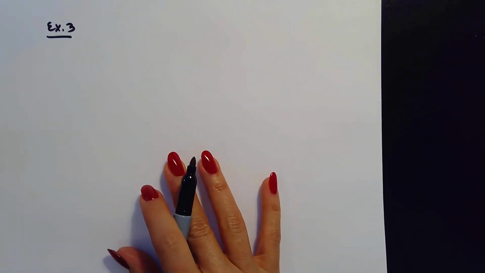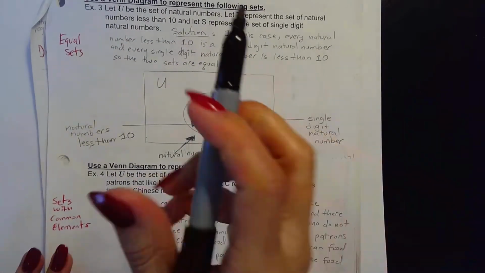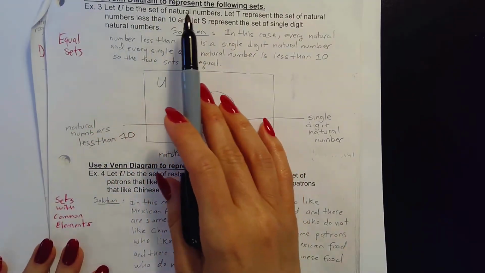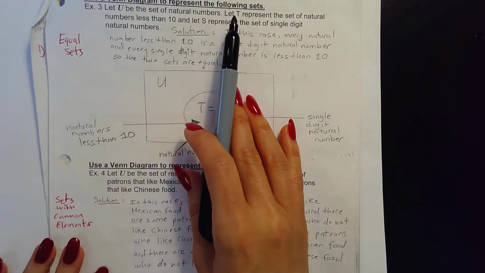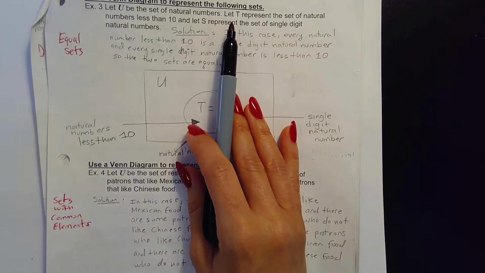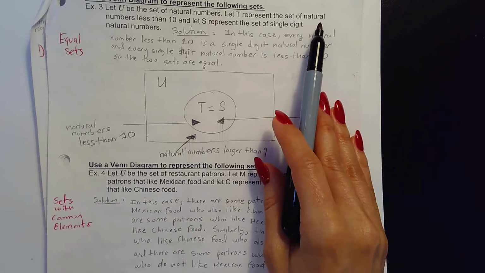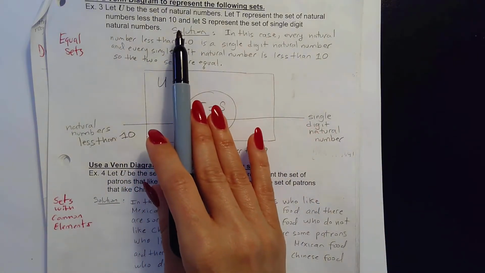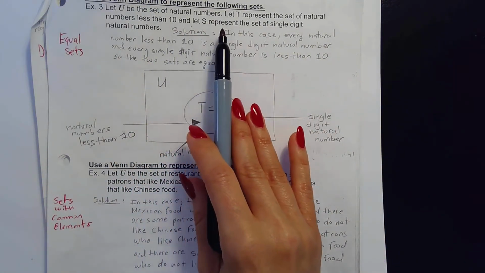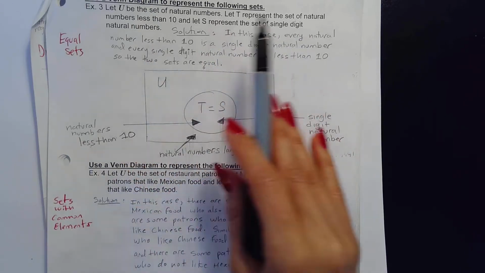Let U be the set of natural numbers, and those are the counting numbers: 1, 2, 3, 4, 5. Let T represent the set of natural numbers less than 10, and let S represent the set of single-digit natural numbers.